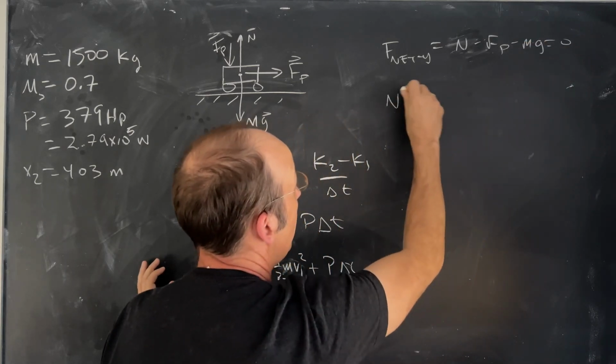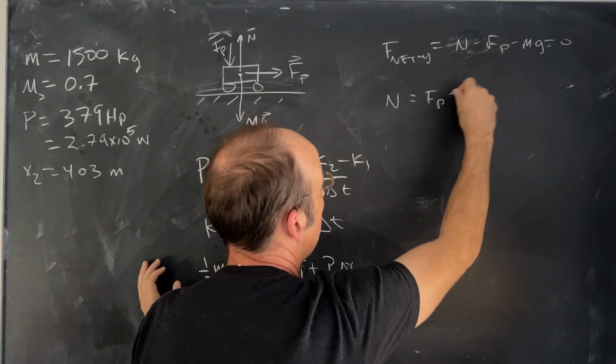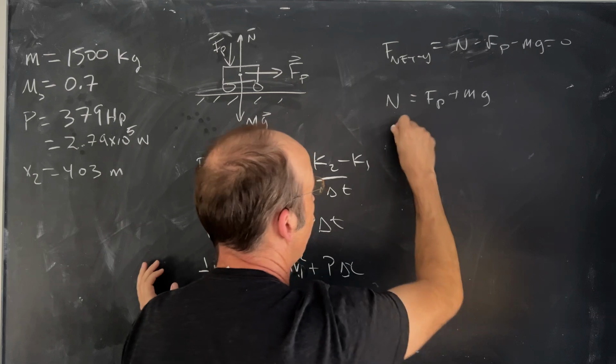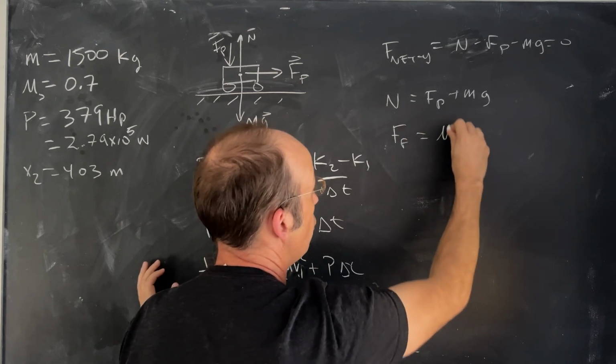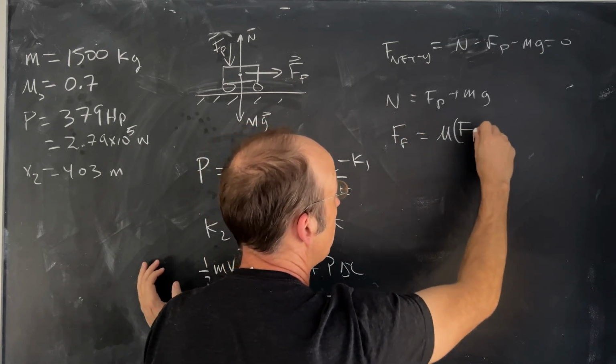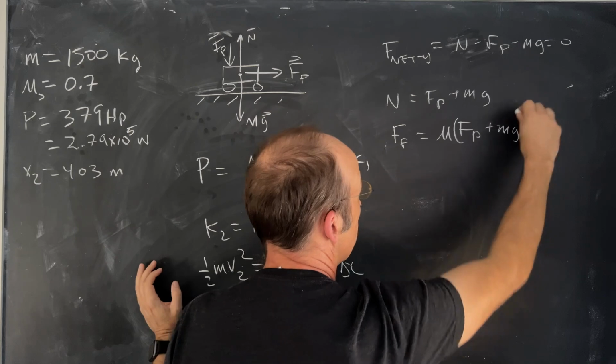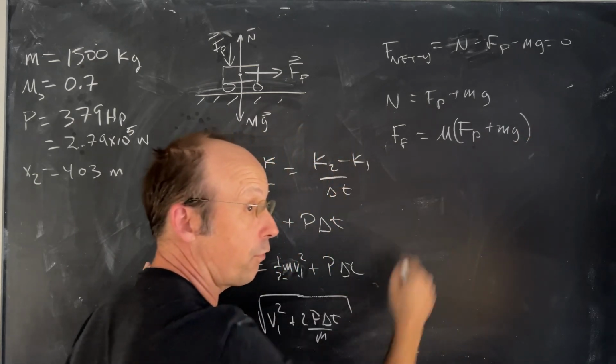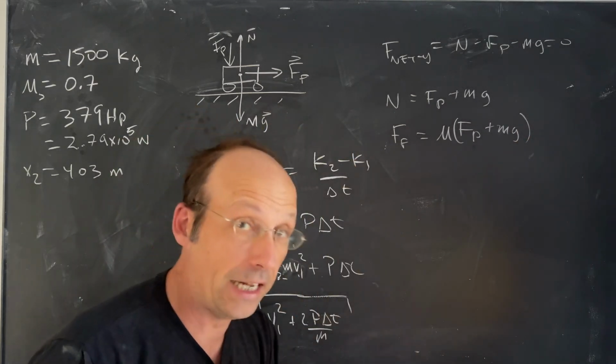So now N is equal to Fp plus mg, and the frictional force is going to be mu times Fp plus mg.